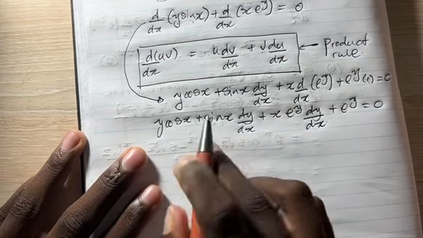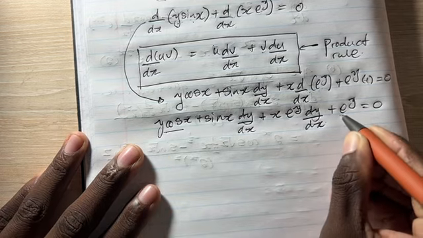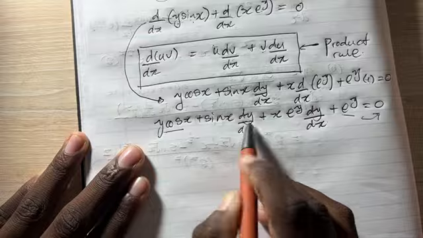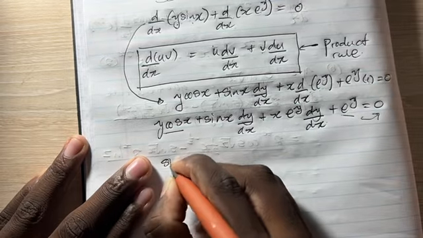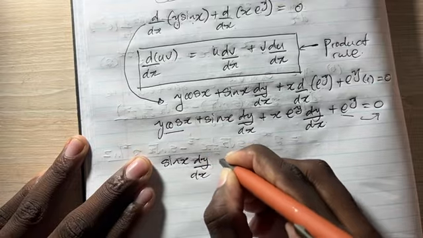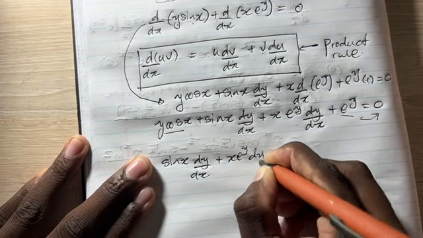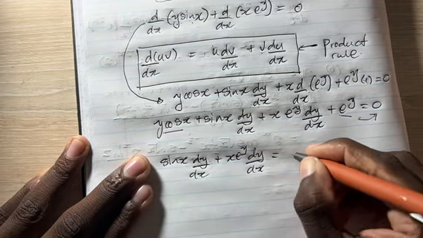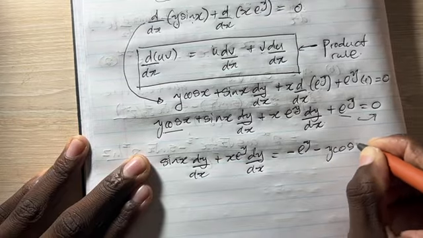Now what we do is, we take anything that doesn't have a dy on dx to the right-hand side, because we want to end up with dy on dx this side only. So we have sine x dy on dx plus x e to the y dy on dx equals negative e to the y minus y cos x.